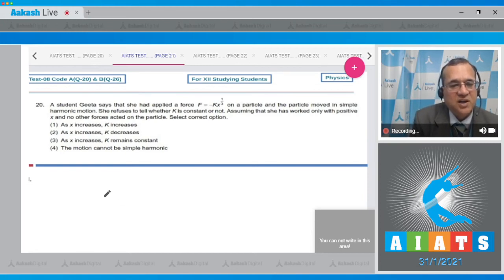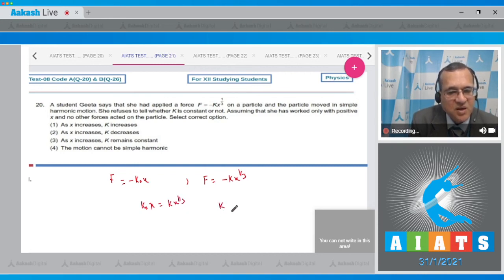Now see, if it is simple harmonic motion, then F should be equal to minus k naught into x. What is given is that F is equal to minus k x power 1 by 3. If you compare, then k naught into x should be equal to k into x power 1 by 3. Therefore, k is equal to k naught x power 2 by 3.